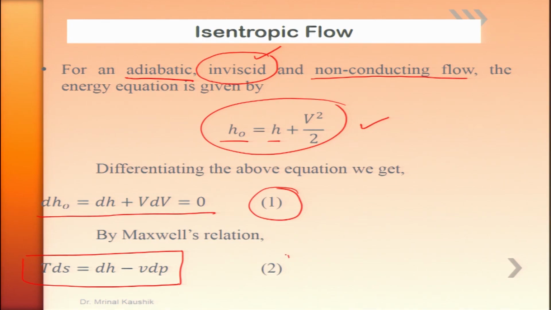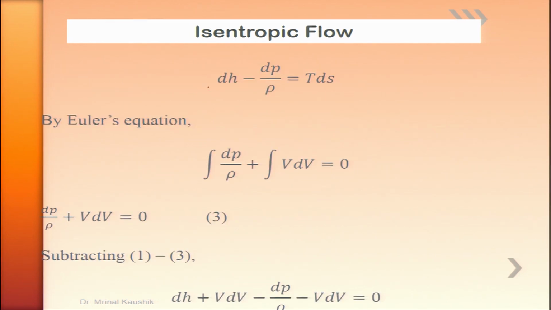For the time being, assume this is equation number 2. Now, going further, this V in dH minus VdP is the specific volume, and since the specific volume is 1 by rho, let us replace that. That's what I have done here.